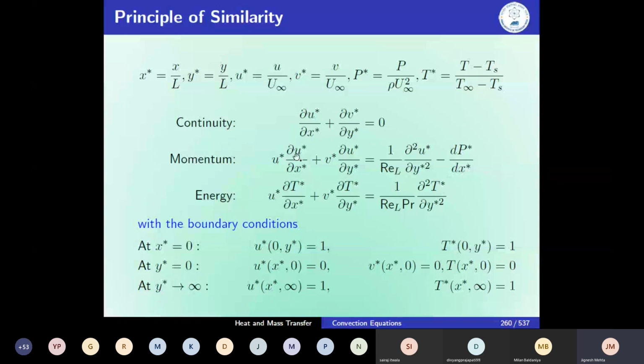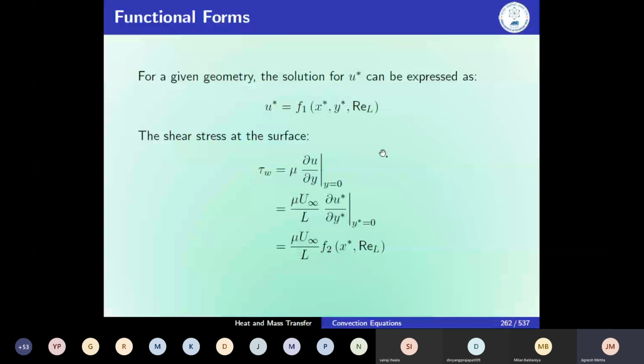From this equation you can tell that it depends upon x, it depends upon y, and it depends upon the Reynolds number. Now, while you are stating this, you are presuming that dp by dx is again negligible. That is, change of pressure in x direction is also very, very small, right? So in that case, you can say that your u star is a function of x star, y star, and Reynolds number.